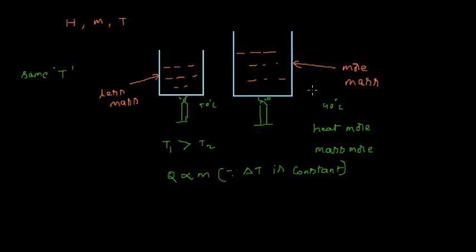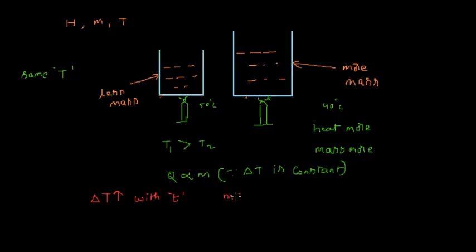And let us measure the temperature difference of any beaker with time. For example, let us consider the smaller beaker or the bigger beaker. Whichever you consider, with time the temperature difference is increasing. That means delta T increases with time. So, the amount of heat is increasing and the temperature difference is also increasing with time for a constant mass.